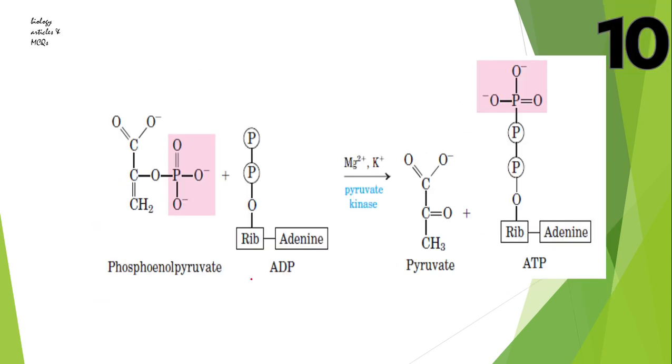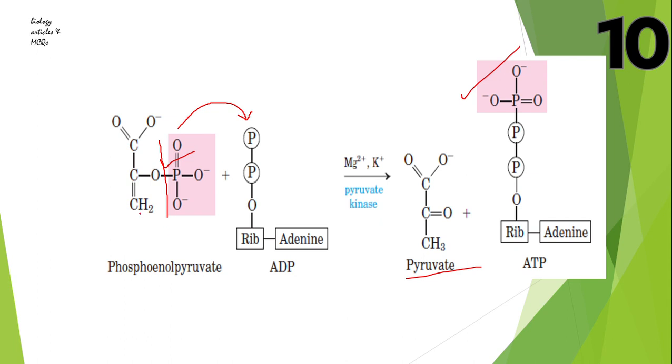Now this phosphoenol pyruvate in the last step is converting into our product, pyruvate. How will it convert into pyruvate? Let's see. The phosphoenol pyruvate has a phosphate group attached to its second carbon. It will break off, and then this phosphate will attach to an ADP molecule, converting it into an ATP molecule.